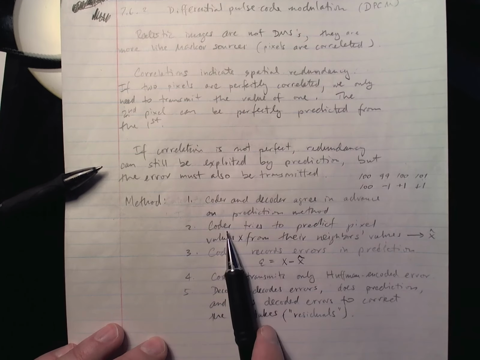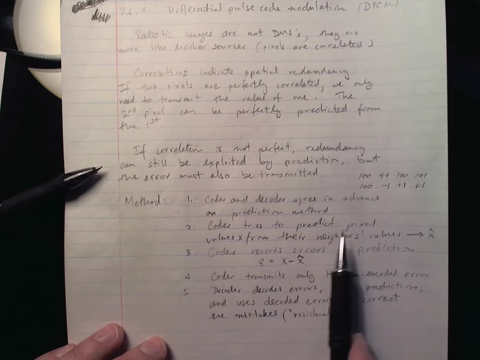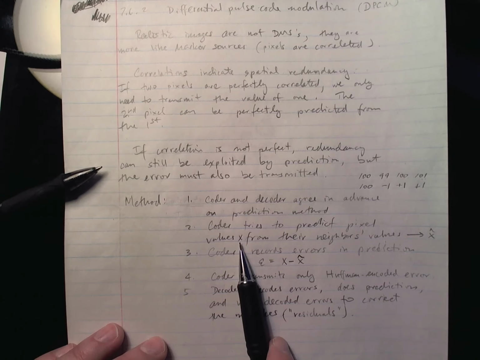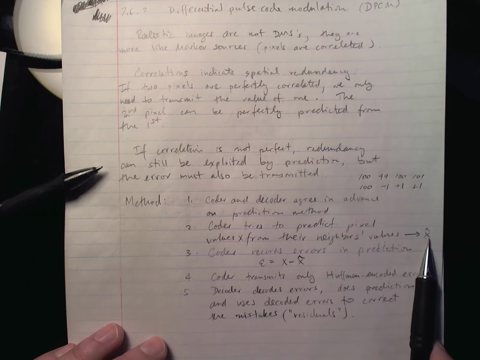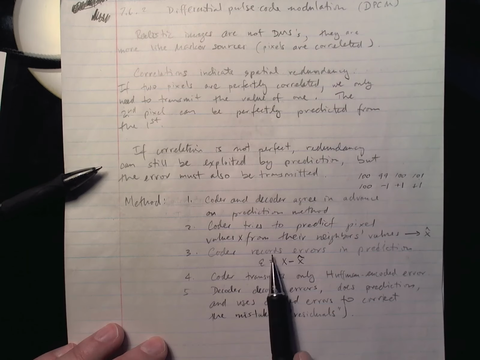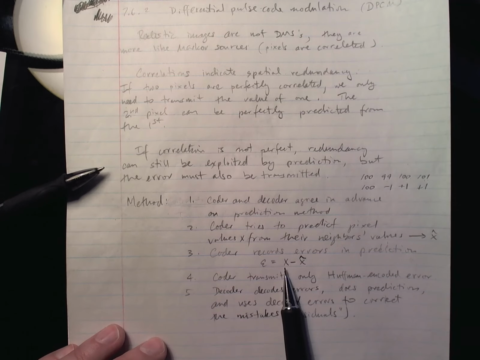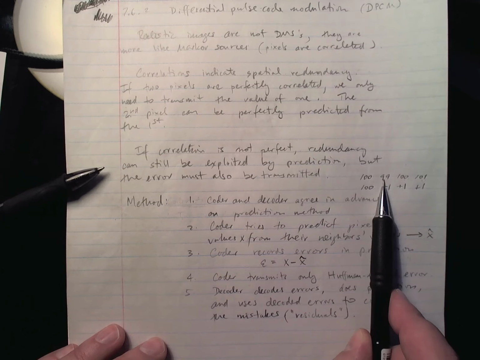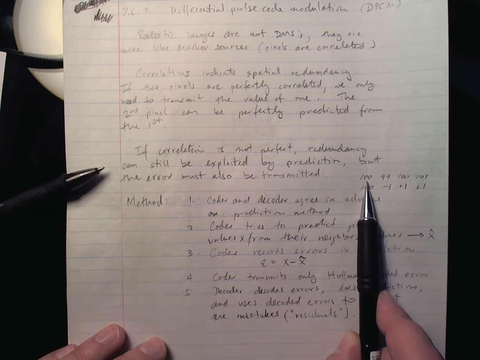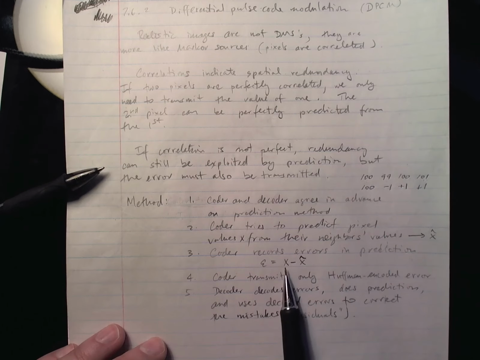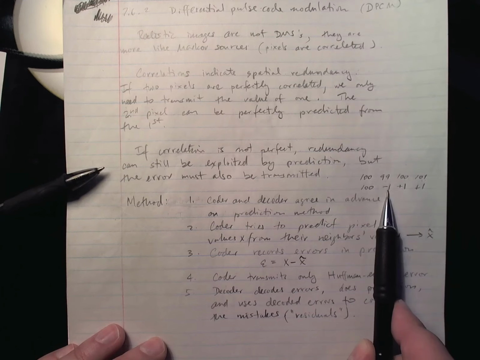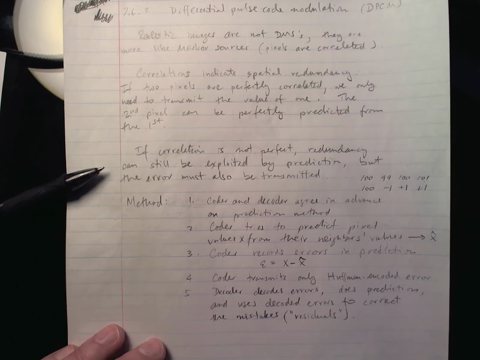The coder then uses that method to try to predict the next pixel value, to get a value x hat. The coder records the error in prediction. So in this case, the error, 99 minus 100, which would be the guess, is epsilon. So epsilon would be minus 1 in this case.